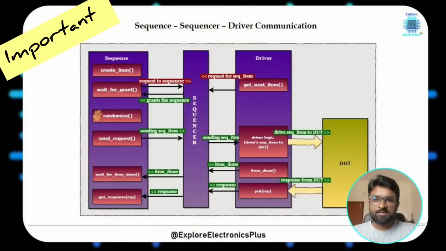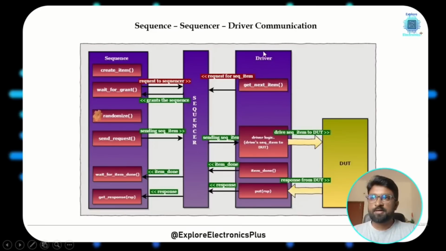For this, we need to understand the communication between the sequence, sequencer and driver. You can see I am explaining the driver. This driver will communicate with the sequencer as well as the sequence. So the driver gets the next item. It will request the sequence item from the sequencer. The sequencer will give that information to the sequence.